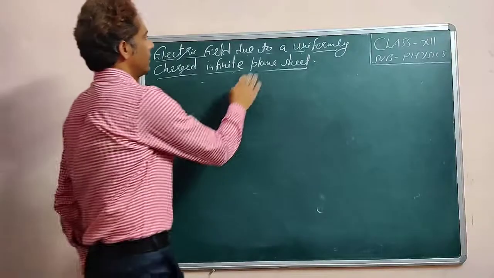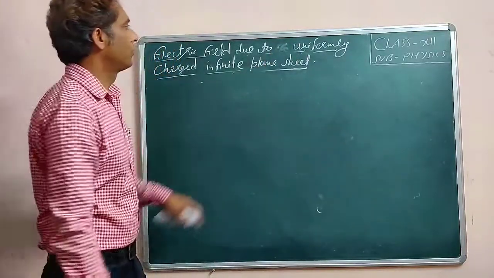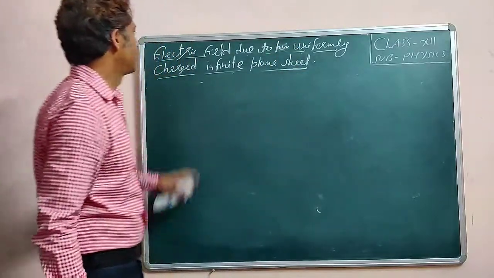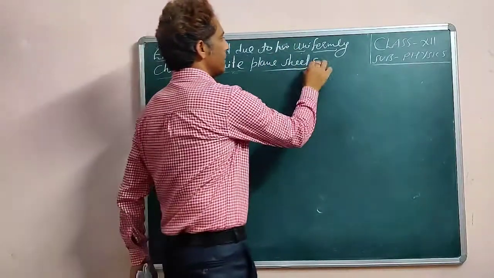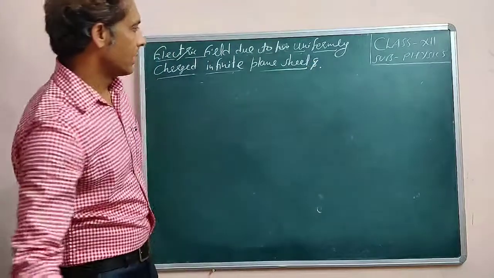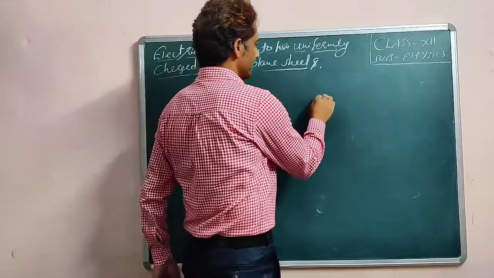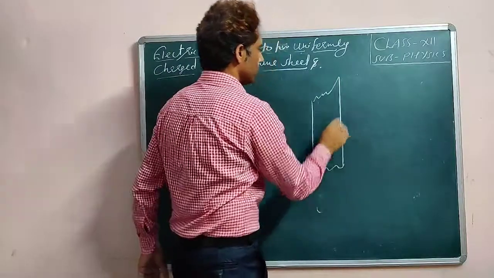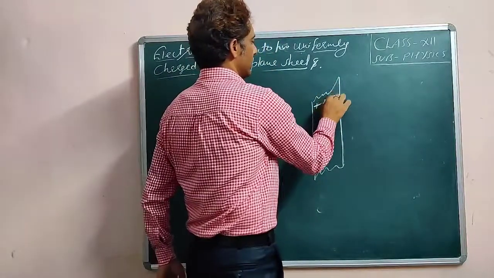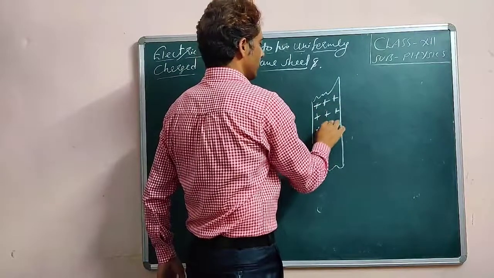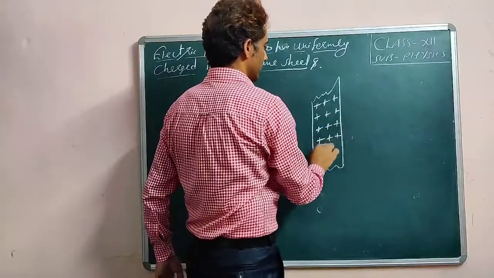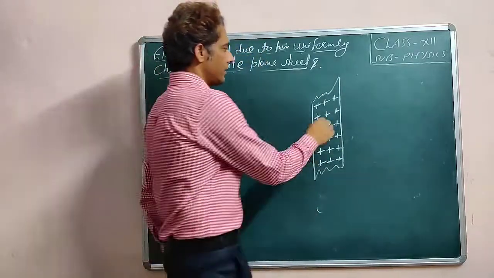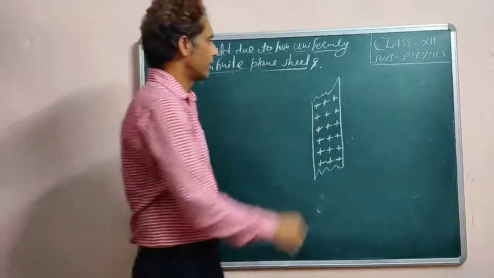So let's calculate electric field due to two uniformly charged infinite plane sheets. So let me consider two sheets. Again the charge distributed over it is positive, such that the surface charge density is sigma 1.